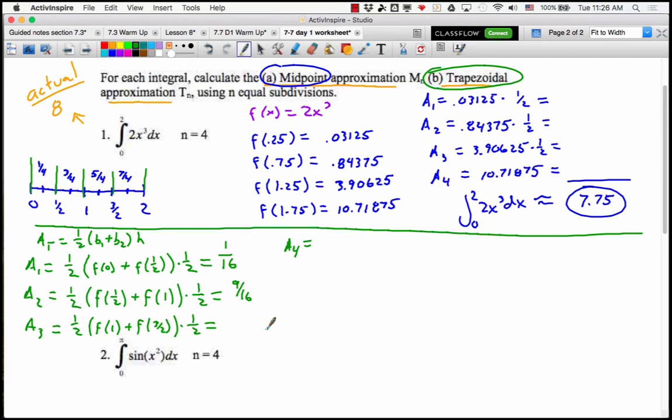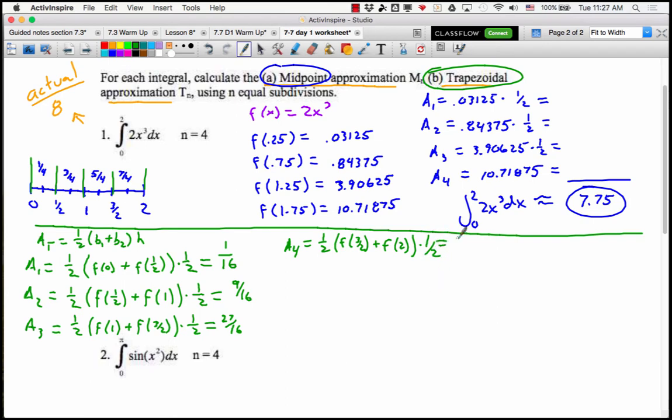Do we get an answer for that one yet? 27/16. And then over here, area 4 is 1/2 times your base 1, which is f of 3 halves, plus your base 2, which is f of 2, times your distance between them. And you get what? 91/16.